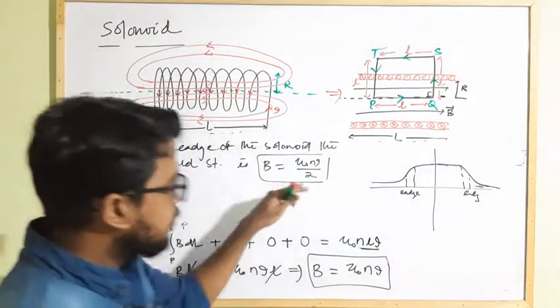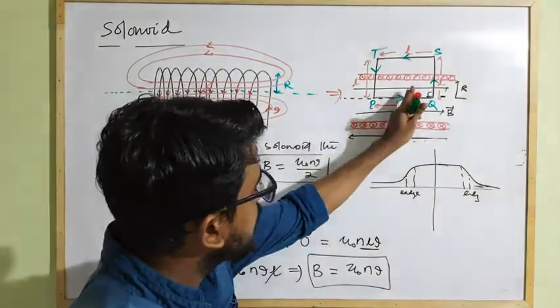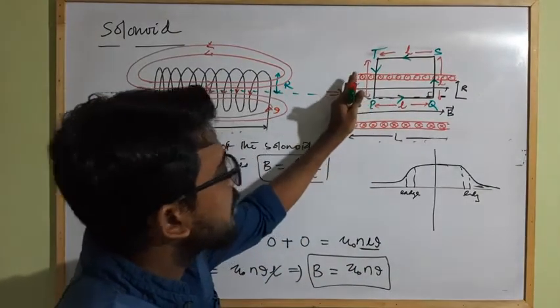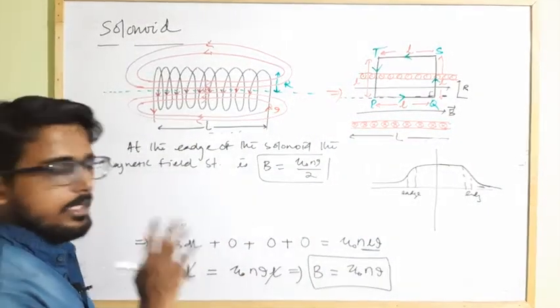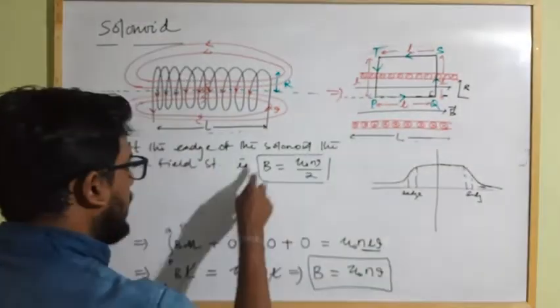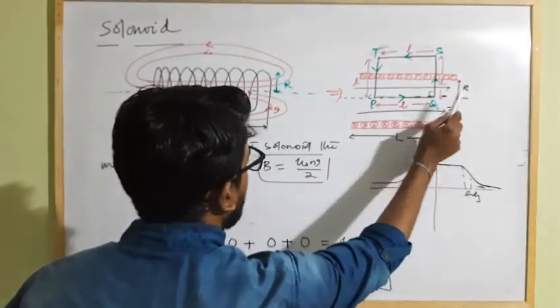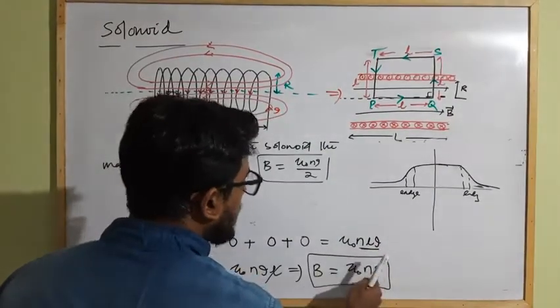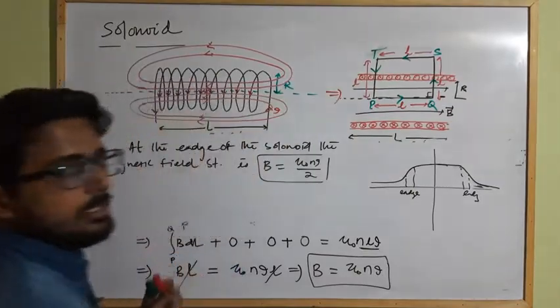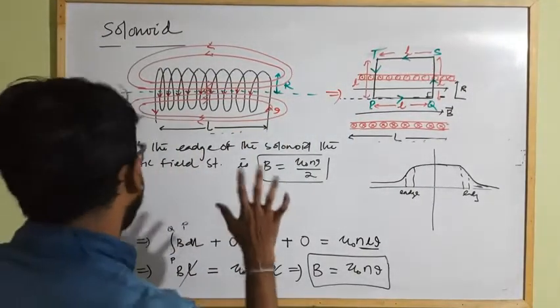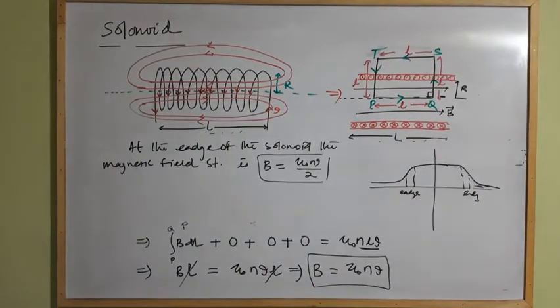The variation of the magnetic field strength from within the solenoid to the edge of the solenoid does not vary linearly, it varies rapidly. Clear? So this is the magnetic field strength at the two ends of the solenoid, and this is the magnetic field strength inside the solenoid, and outside the solenoid the magnetic field strength is 0. Clear? So this is how the magnetic field strength can be calculated by using Ampere's circuital law.